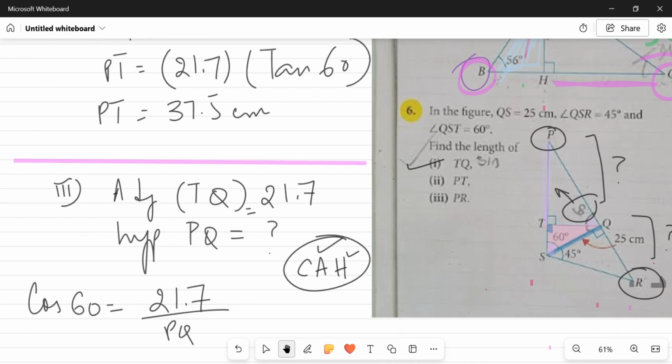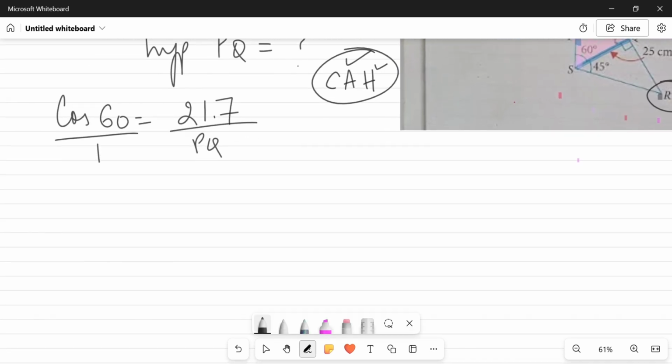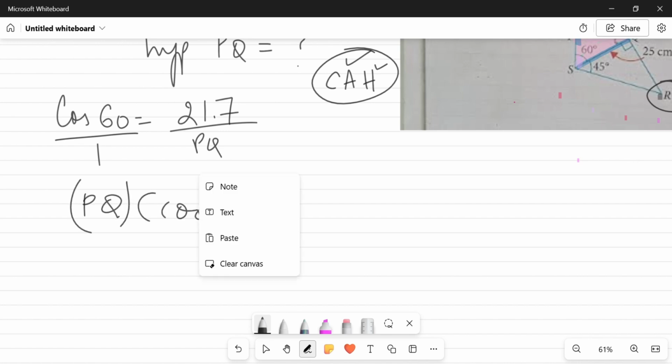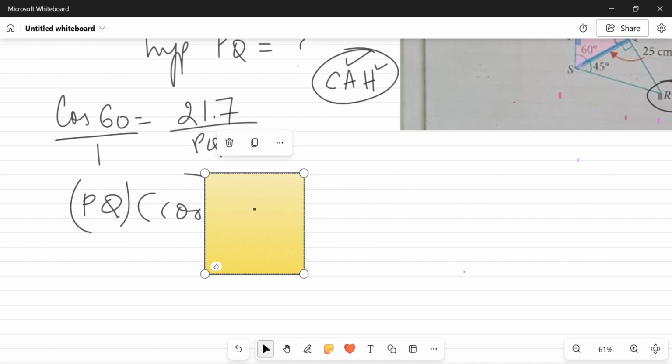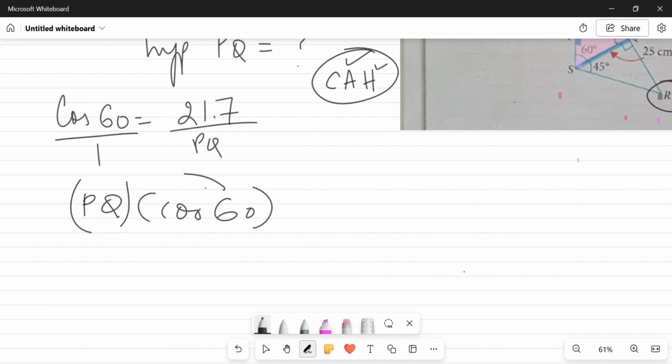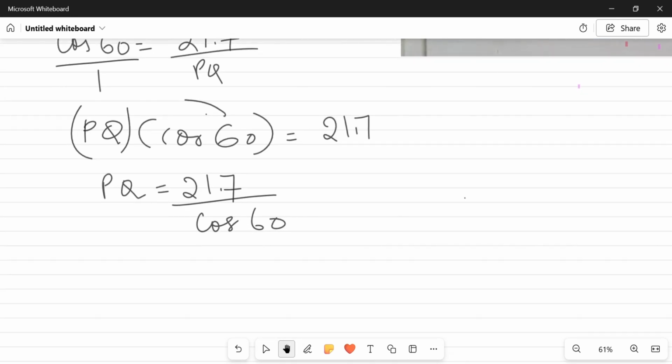Cross multiply: PQ cos 60 equals 21.7, then cos 60 shifts to the other side. So PQ is equal to 21.7 over cos 60. Students, find the answer: 21.7 divided by the value of cos 60.